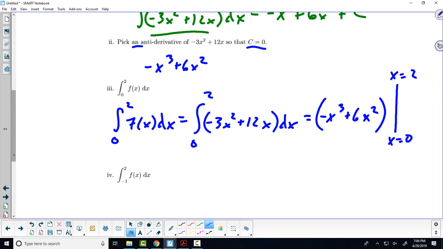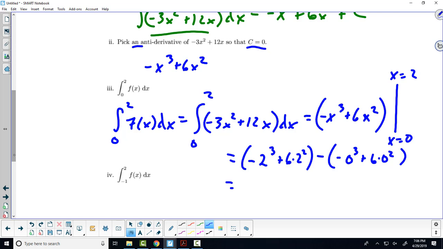This says, first take this expression and evaluate it at 2, and then put a minus sign, and then take this expression and evaluate it at 0. That's what that's a shortcut for. So this is equal to negative 2 cubed plus 6 times 2 squared minus parentheses negative 0 cubed plus 6 times 0 squared, which is equal to negative 8 plus 24 minus 0, which gives us 16.